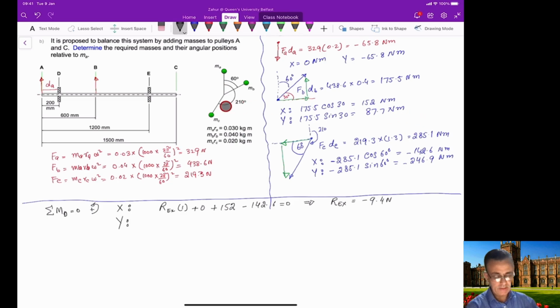Similarly, you can take the moments in the y direction. You will start with the R E y, which is the component of the reaction in the y direction. Again, the distance from here to here is 1. Now you have the component of FADA, which is minus 65.8, and this component in the y direction, 87.7 but positive.